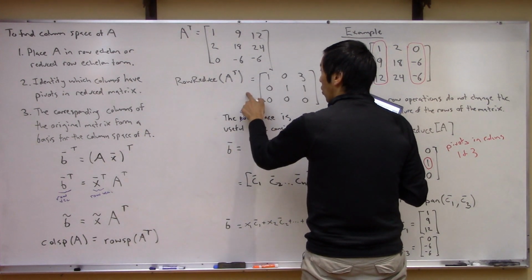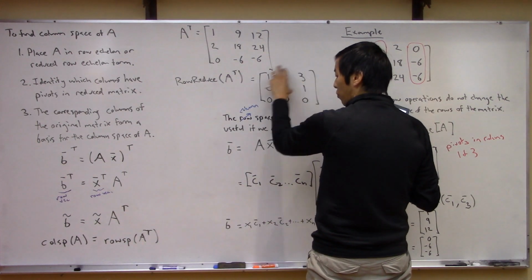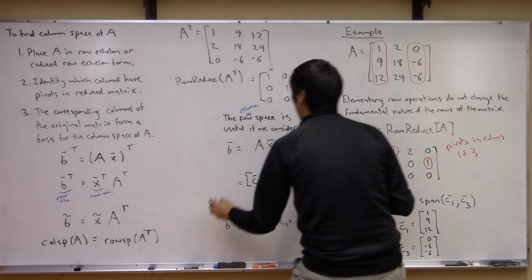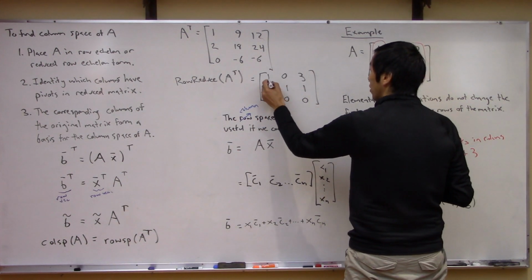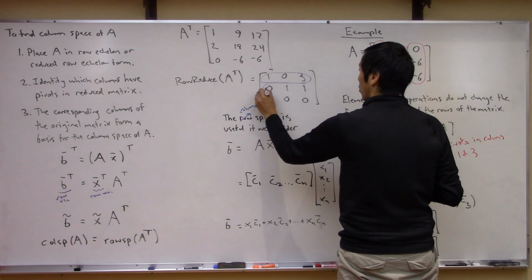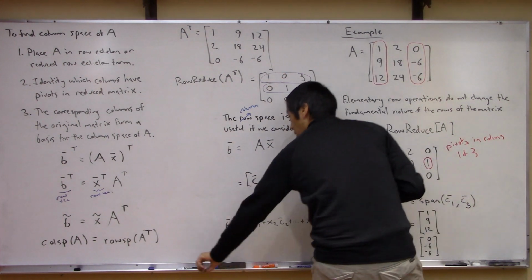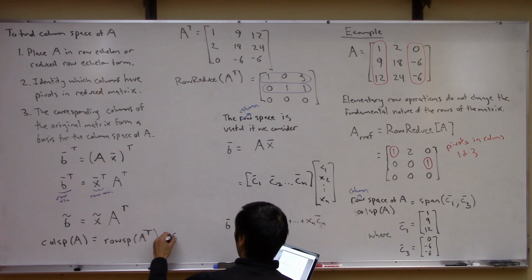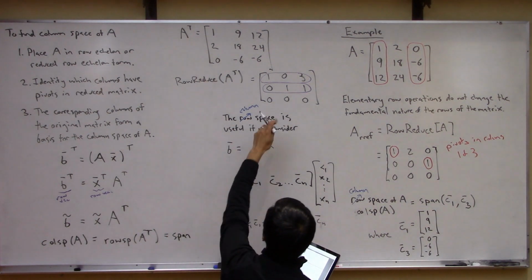Okay, so I can now find the row space of A transpose. That was nothing more than the non-zero rows. So it's this row and this row. So we see that another description in our case is the span of these two vectors.